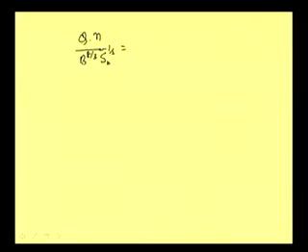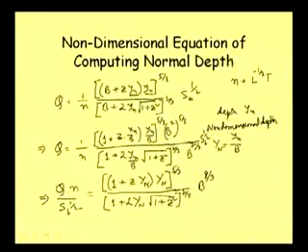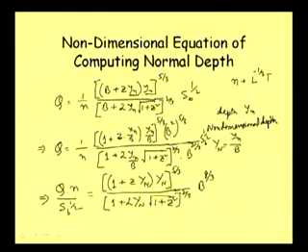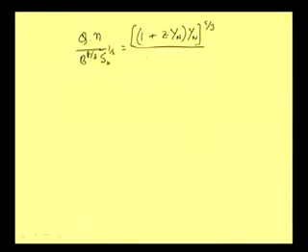And this is equal to, now we can write on the right hand side whatever was there, that is 1 plus z Y_n multiplied by capital Y_n to the power 5 by 3, and then here we can write this expression, 1 plus twice Y_n root over 1 plus z square, to the power 2 by 3.